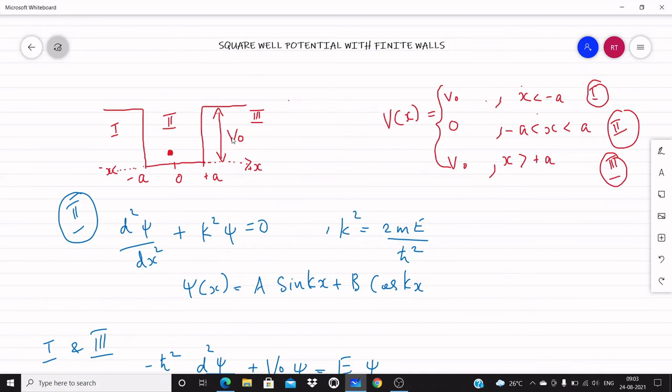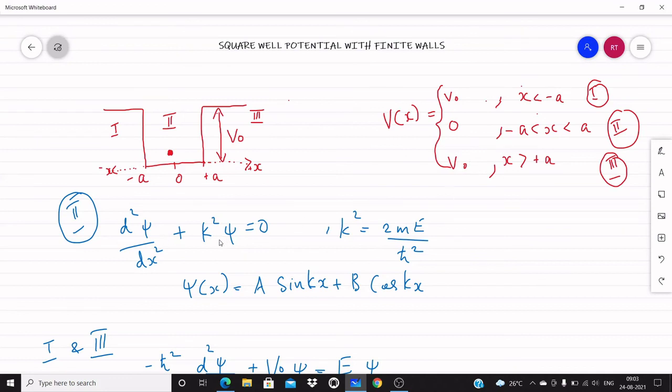See, you can see it here. We have three different regions. In the second region, you have V0 equal to 0, that is between minus a to plus a. In 1 and 3, you have potential V0. So we wrote the value of potential in three different regions like this.